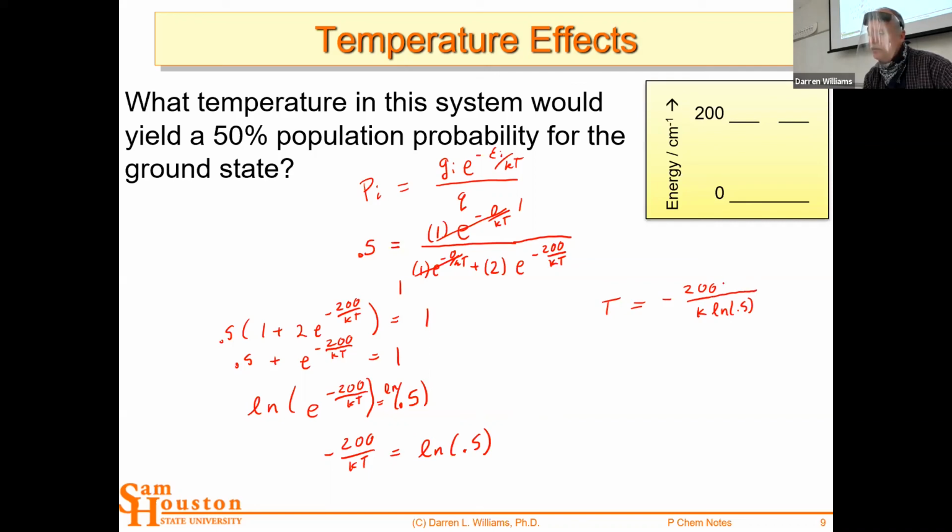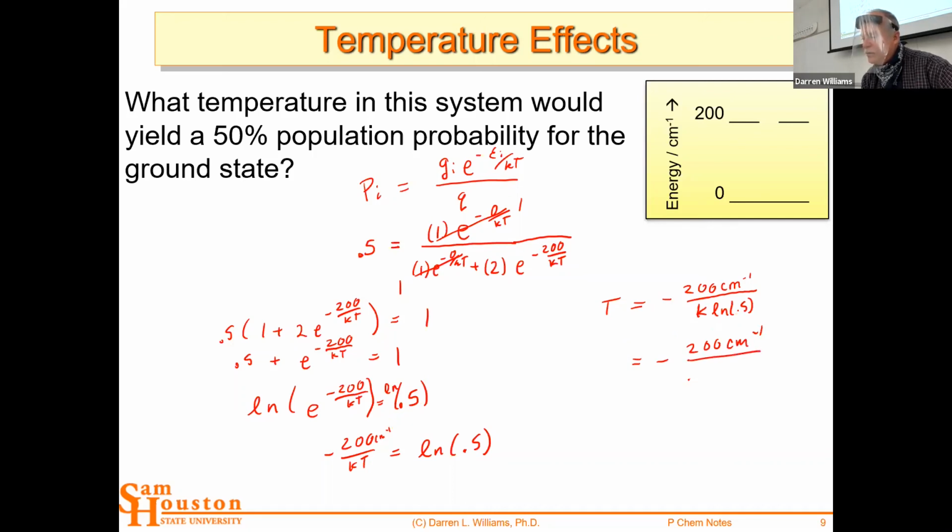Okay. And this was wave numbers. I need to use my units. Sorry. Wave numbers. All right, so what is the natural log of 0.5? 0.693147. Okay, so it's equal to 200.